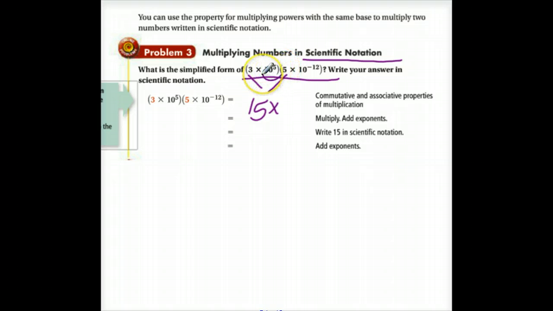And then 10 to the 5th times 10 to the negative 12th, they have the same base of 10. I'm going to add the exponents. 5 plus negative 12, and I get negative 7. 15 times 10 to the negative 7th is my answer. But that isn't written in scientific notation quite yet, and the directions say to write your answer in scientific notation.